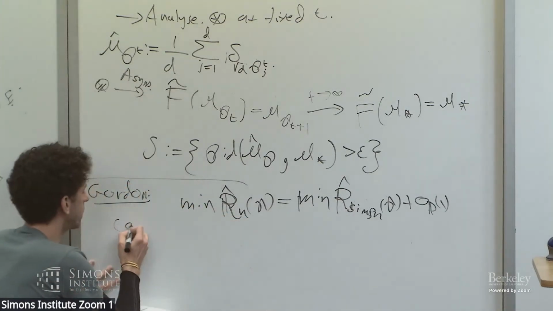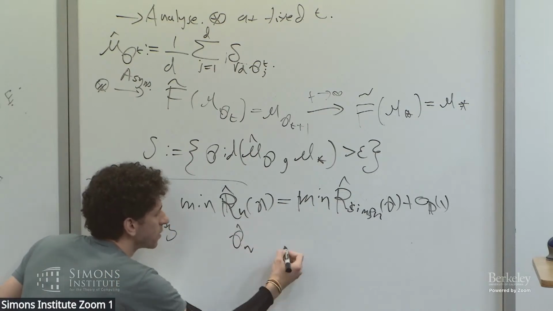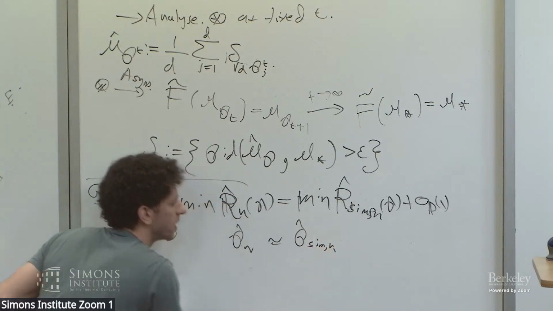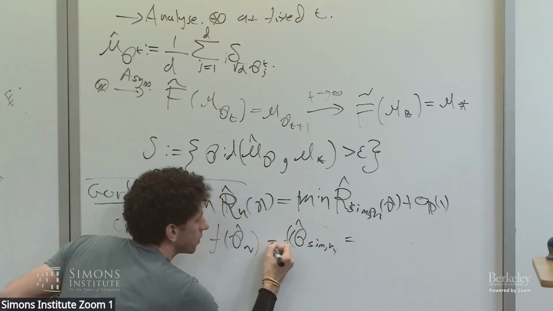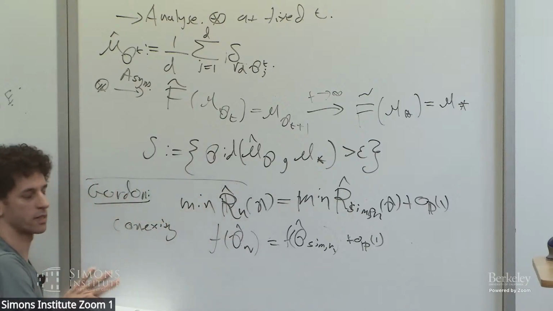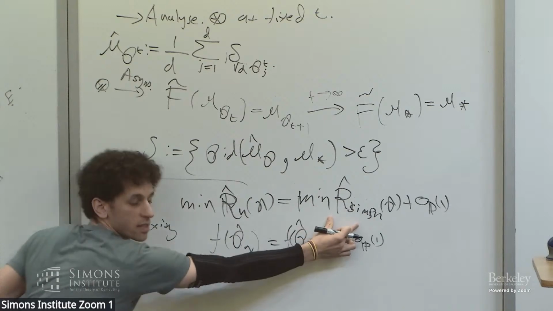Now, under convexity, I can show that in some sense theta hat n is close to the minimizer of this. The exact sense is that under test functions, this is 1. So this tells me that to obtain conditions on the optimality of this, I can analyze this one instead.